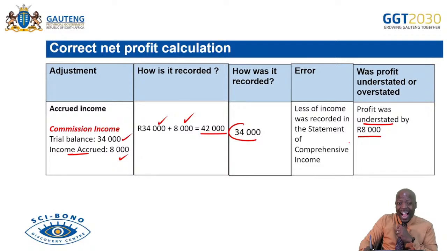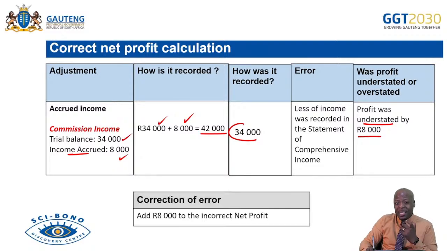Therefore, our profits are understated. Once profits are understated, this is how we correct it. We add the 8,000 to the incorrect net profit. Why? Because it was income that was not properly recorded. It was accrued income that we did not adjust for.